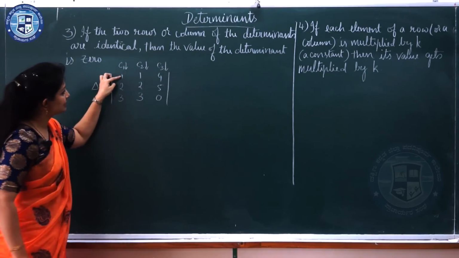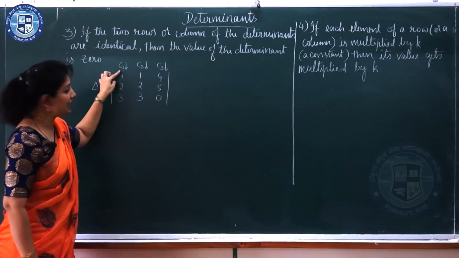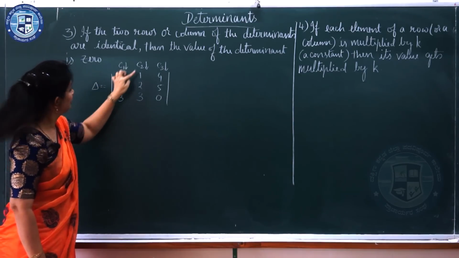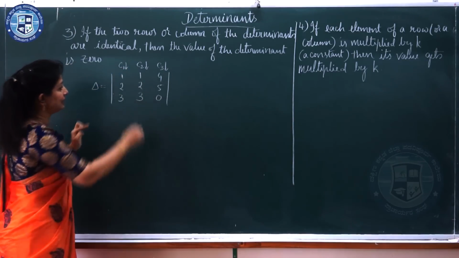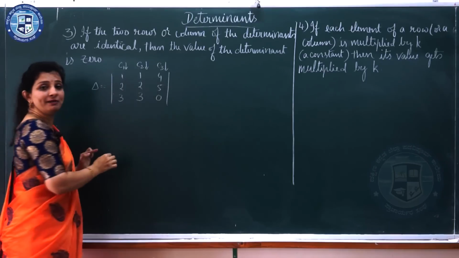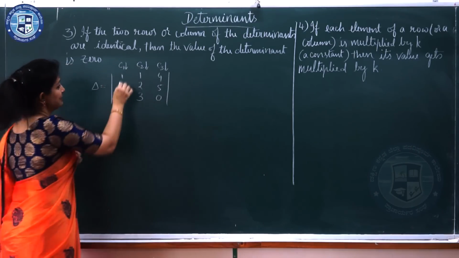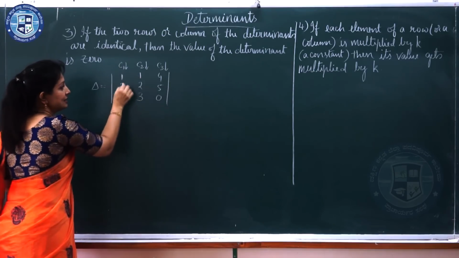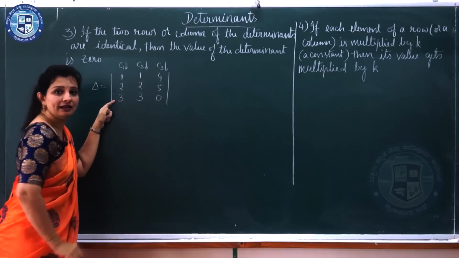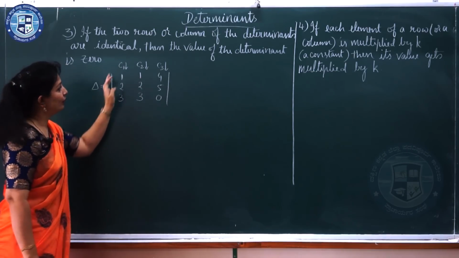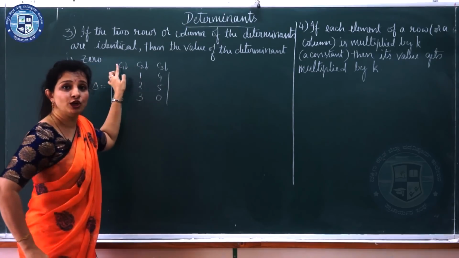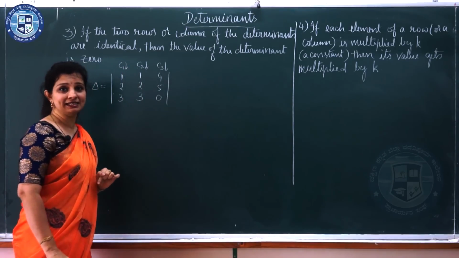You can observe that the column 1 elements are 1, 2, 3. Column 2 elements are also 1, 2, 3, means the corresponding elements of columns 1 and 2 are equal. Here the first element is 1, second element 2, third element 3. So the corresponding elements of the two columns are identical.